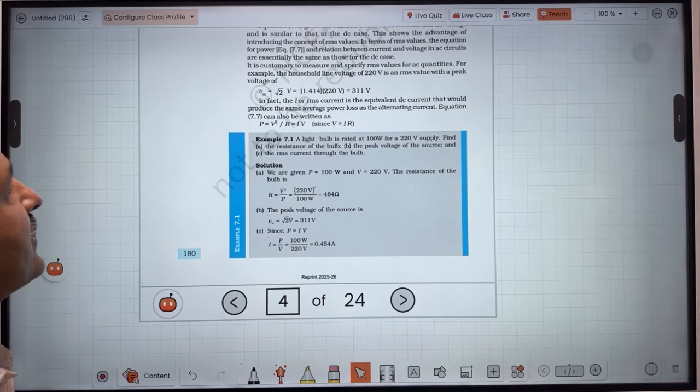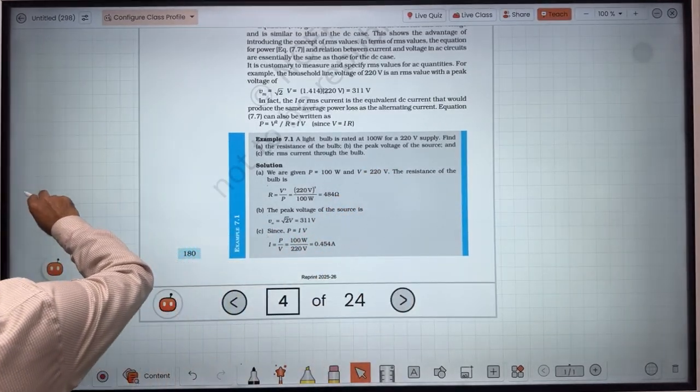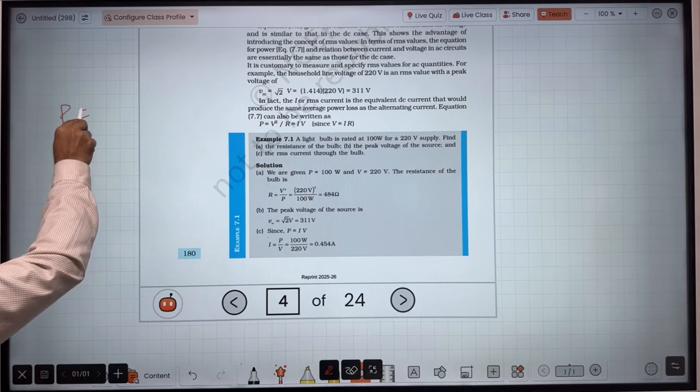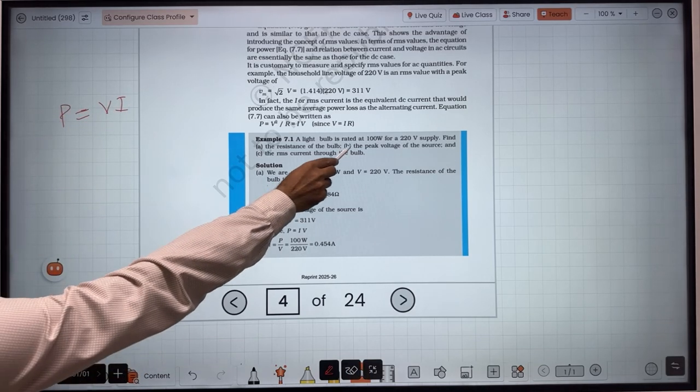Numerical says a light bulb is rated 100 watt for a 200 volt supply. So from this rating we can find the resistance. What is the formula for resistance? P equal to V into I. We have to find out resistance.